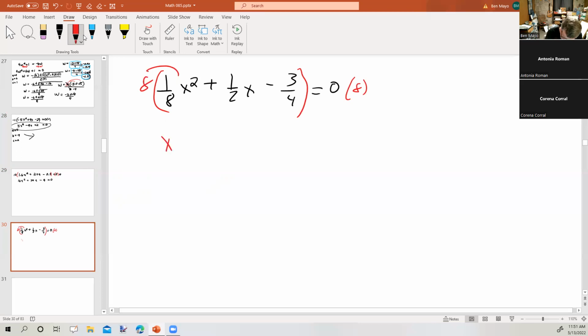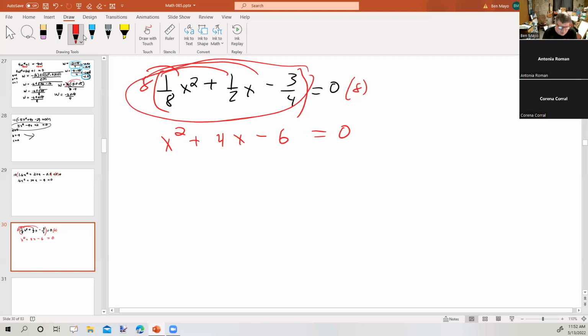So we get 1x squared plus 8 times 1/2 is 4x minus 8 times 3/4, 24/4, or 6, equals 0. And then A is 1, B is 4, and C is negative 6.